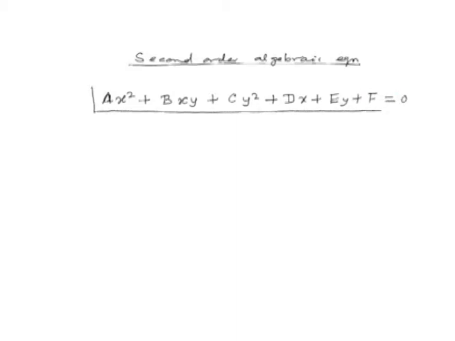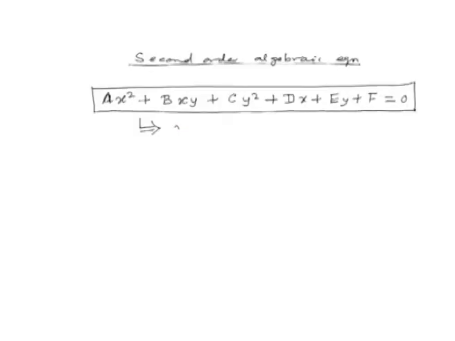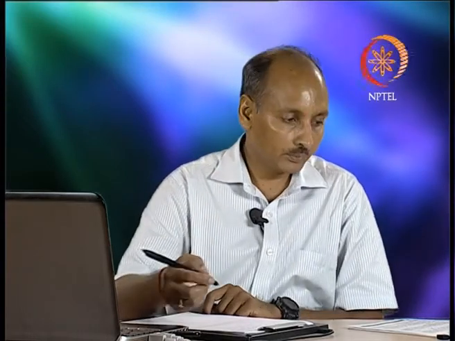If you recall from geometry, this second order equation represents a conic section. By conic section we mean here it could be a circle, it could be a parabola or ellipse or a hyperbola. So what are the conditions for each type of conic section?